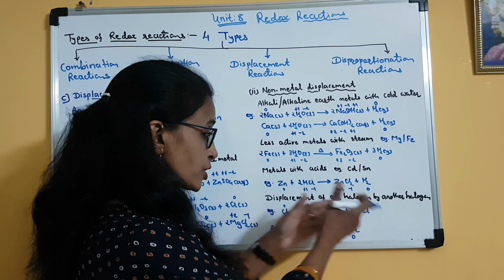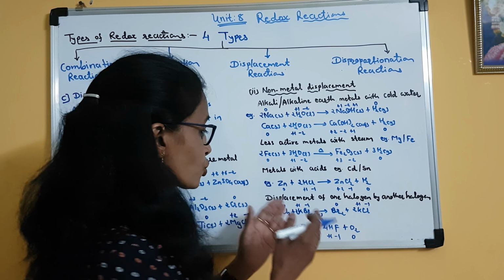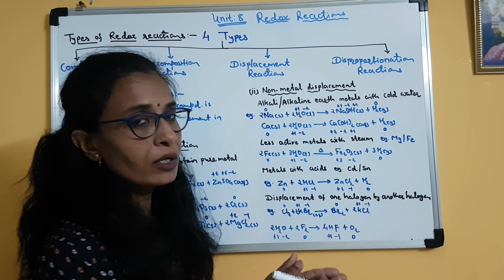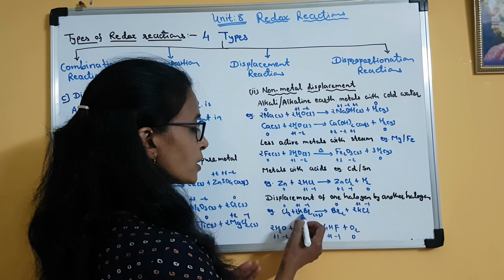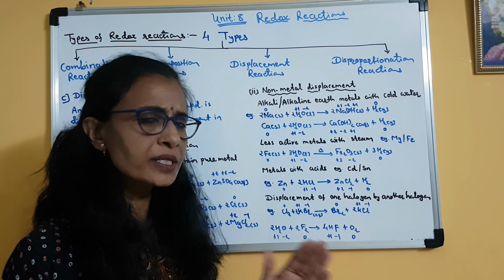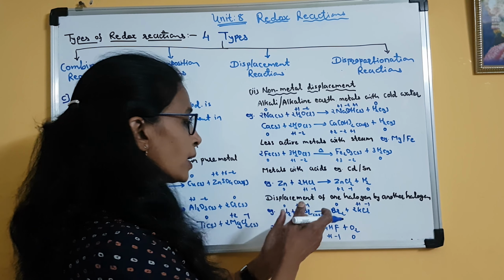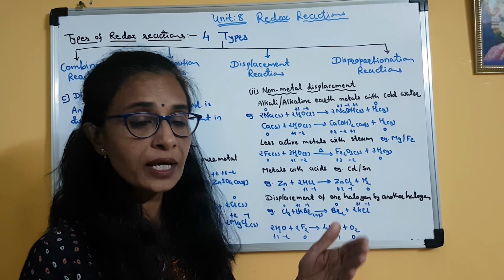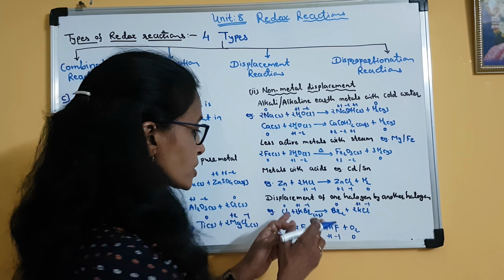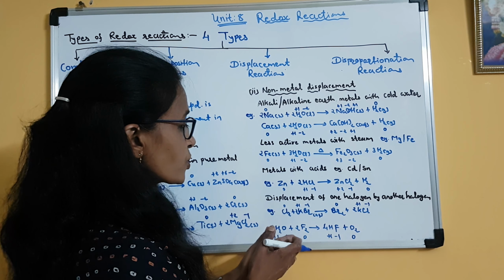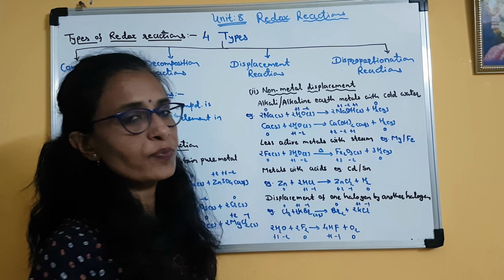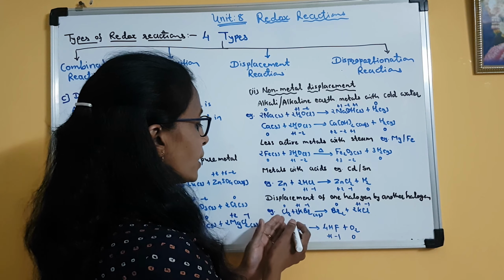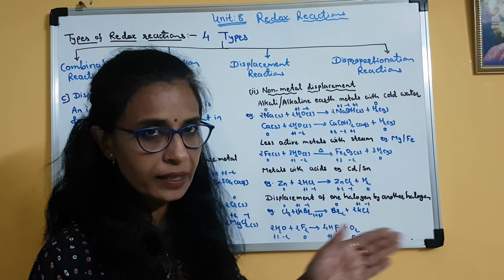And from KBr, Br goes from -1 to 0, meaning the bromide ion has undergone oxidation. So here chlorine is the oxidizing agent and the bromide ion is the reducing agent. There is a change in the oxidation number, so this reaction is also a redox reaction. Though there is no change in the oxidation number of potassium, that doesn't matter. Chlorine and bromine have a change in their oxidation state. So this is also a redox reaction. It is a displacement reaction, a non-metal displacement reaction, meaning one halogen is displacing the other halogen.